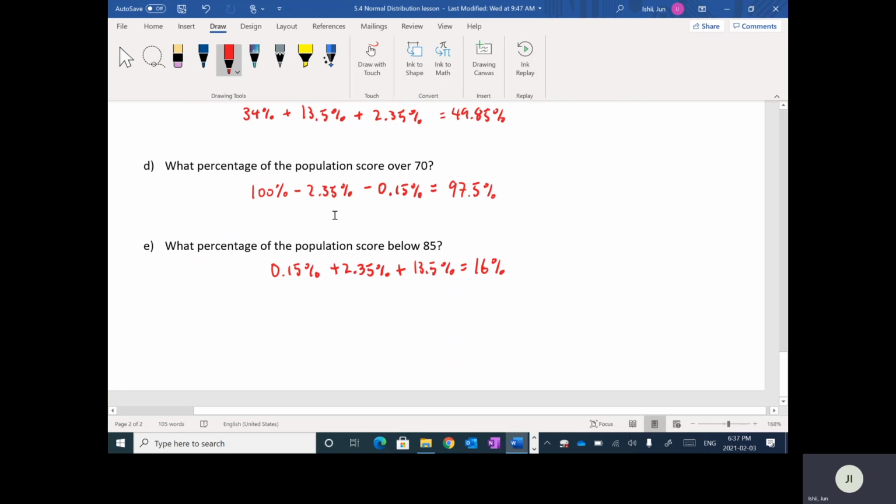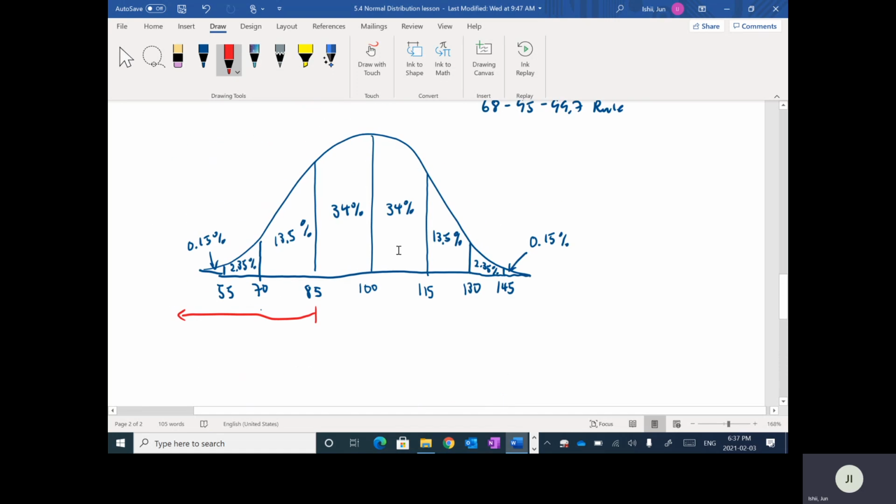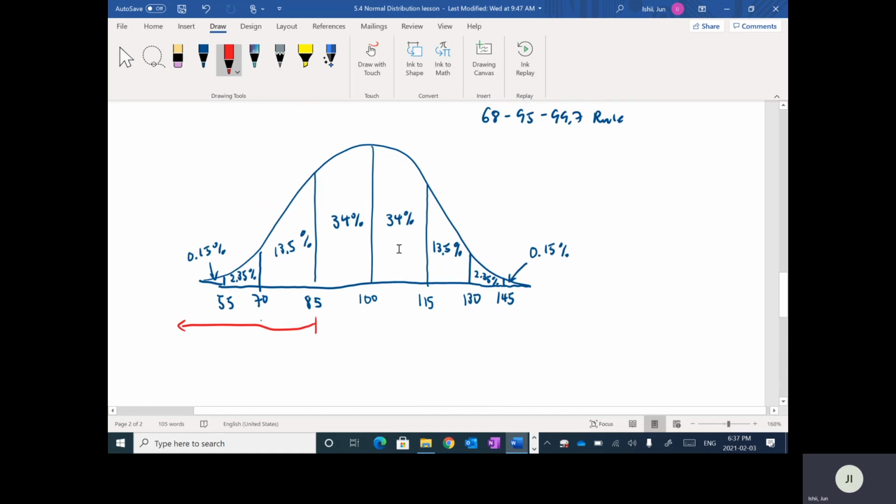All right, so this is basically just finding these percentages through this bell curve. Now these percentages will all be the same when we talk about standard deviations. In the next lesson, we're not just going to look at the standard deviations. We'll look at what percent of the population is less than 105, for example.